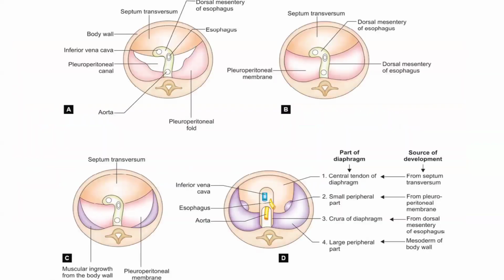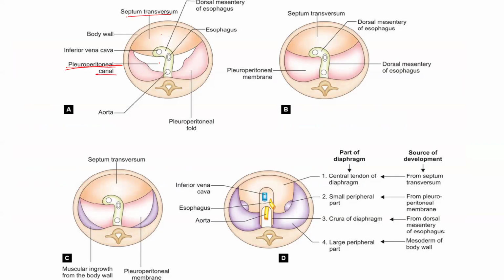So let us see actually how that happens. You can see the septum transversum there. Initially, there is a communication between the pericardium and the peritoneum, and also the pleural cavity. So there is initially a communication between the thoracic cavity and the abdominal cavity through this canal, known as the pleuroperitoneal canal.